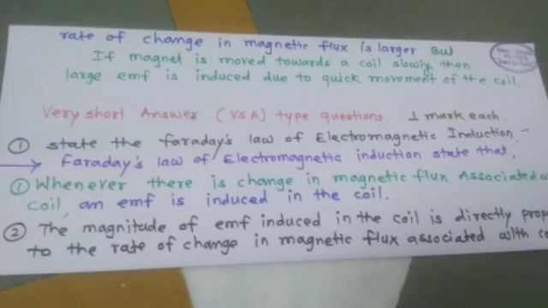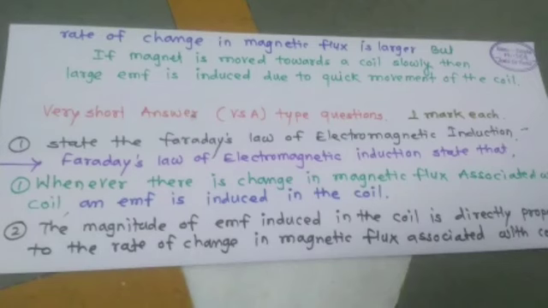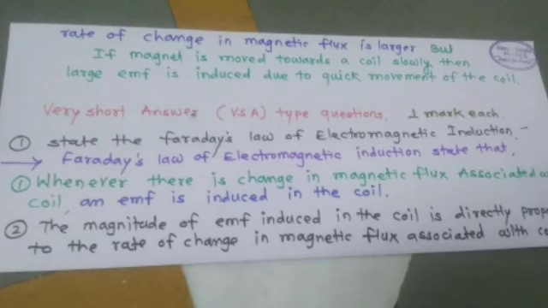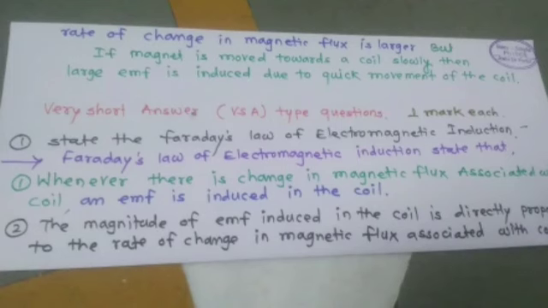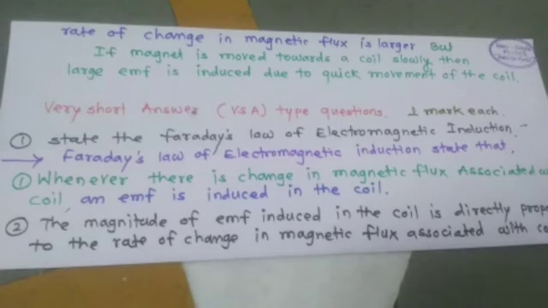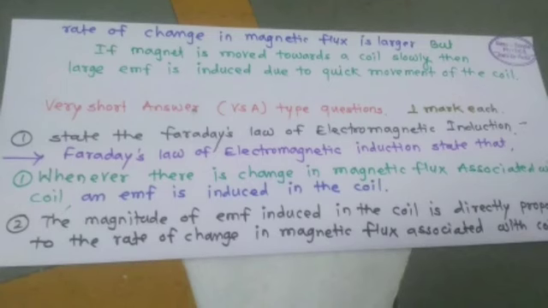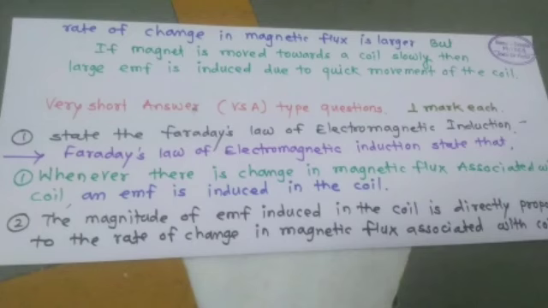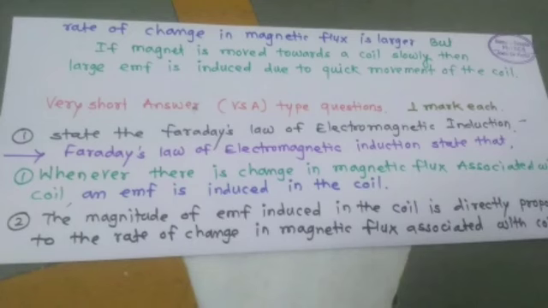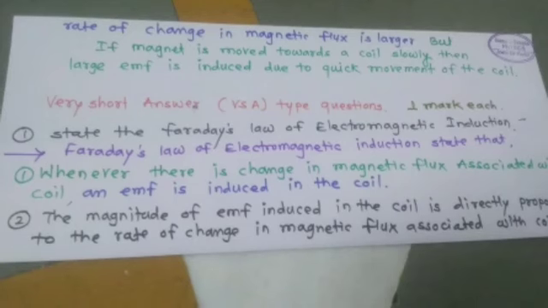Now the next section will be very short answer type, means VSA type of questions. Each question carries 1 mark. So the first question will be: state Faraday's law of electromagnetic induction.